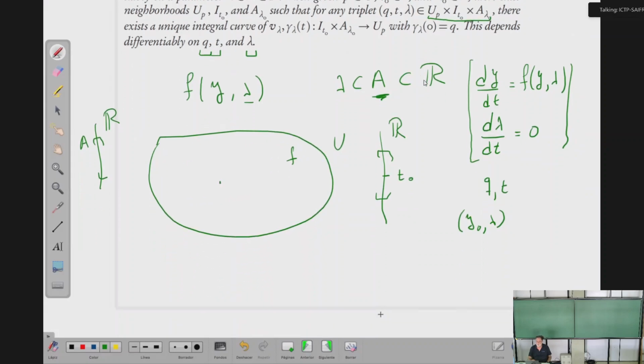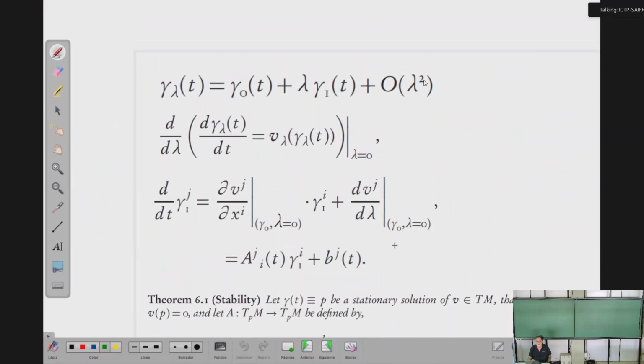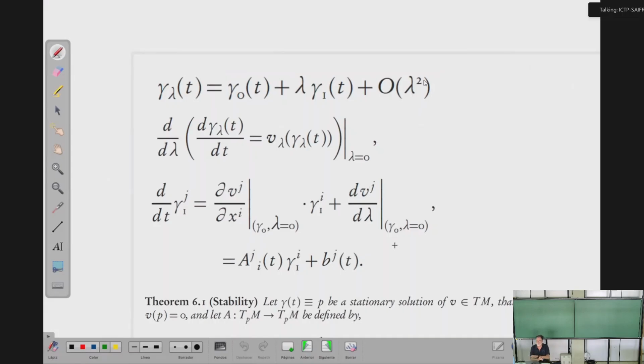Why is this important? Well, because suppose you want to perturb a solution. Suppose that this gamma naught here was a stable solution we have before.